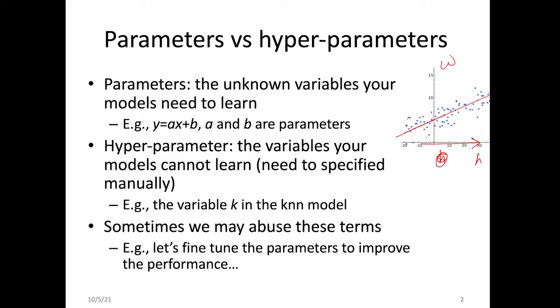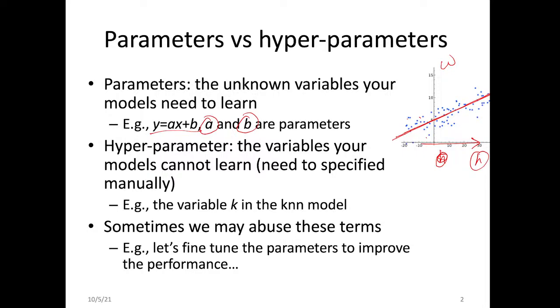If we assume that the relationship between h and w follows this formula, which means that w equals a multiplied by h plus b, we want to find the best a and best b such that this line goes through most of the data points.